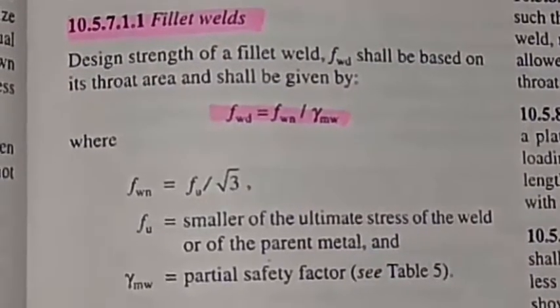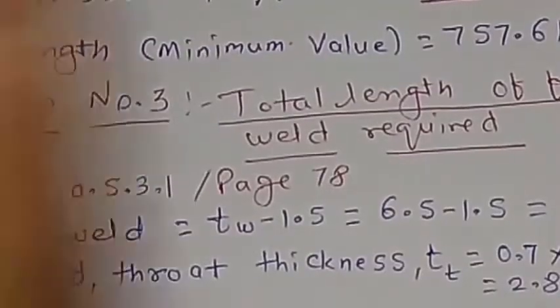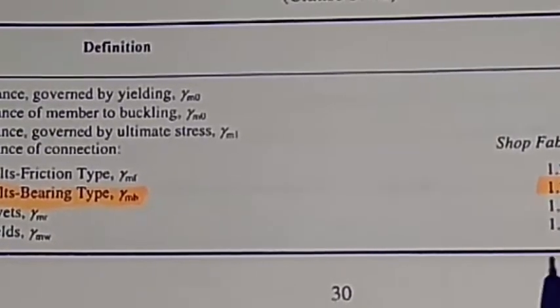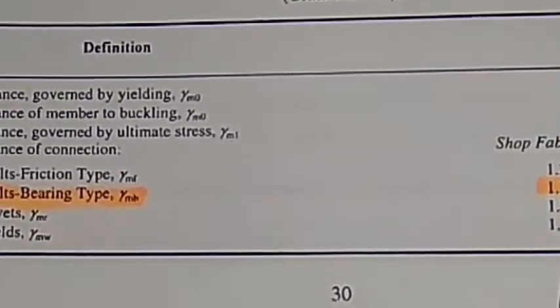So if you just look at gamma mW here, for the weld gamma mW is 1.25, that we would be using.